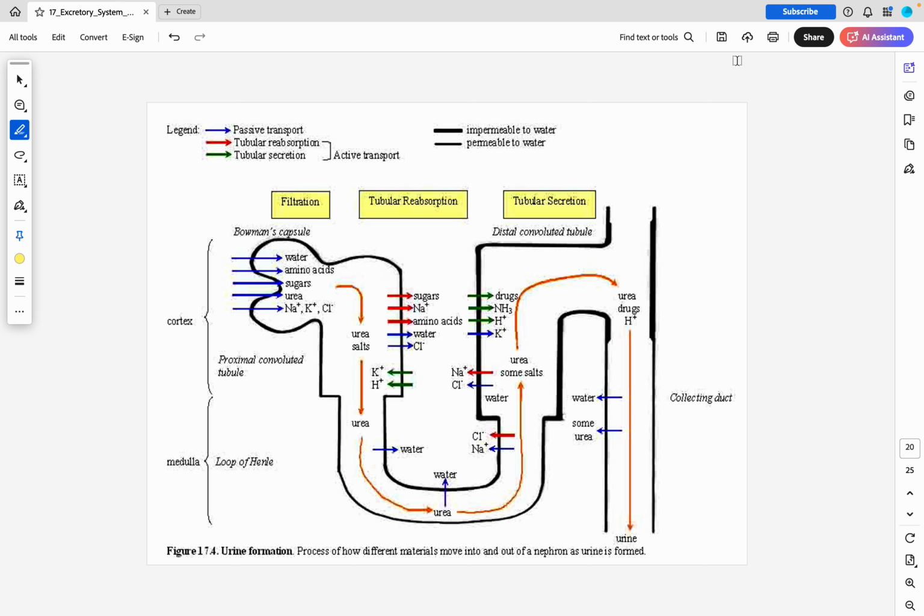You'll see that urea and nitrogenous wastes are not reabsorbed by the body. Hydrogen ions are also secreted from the blood towards the urine. And then all those materials filtered out of the blood are now going to be concentrated as urine.